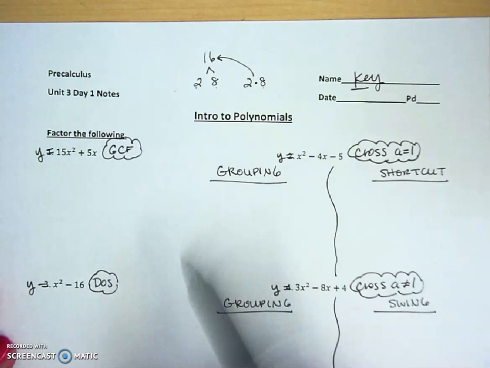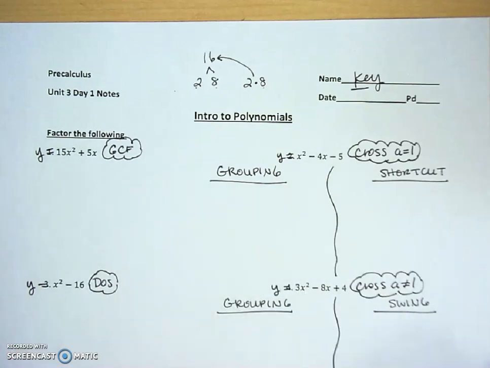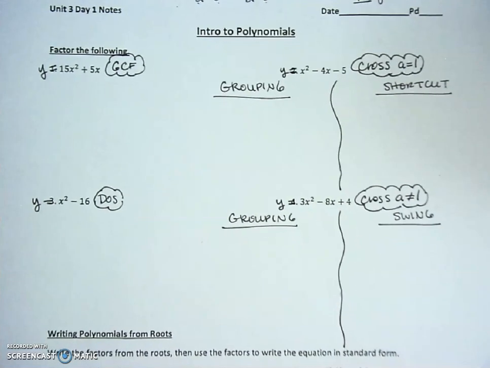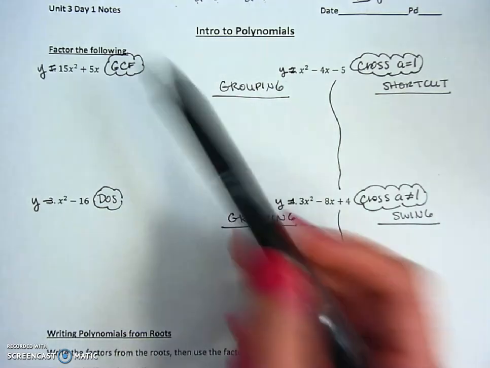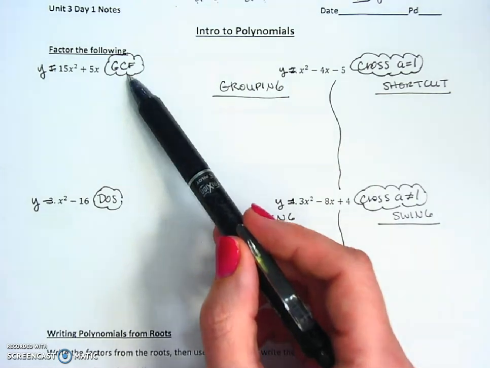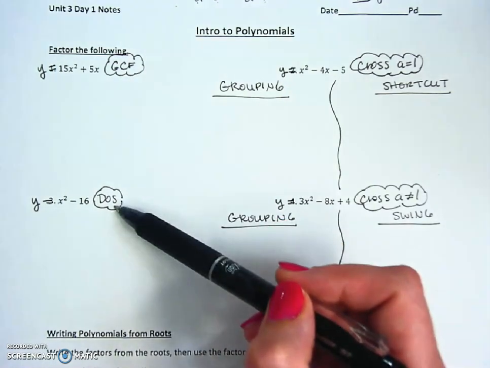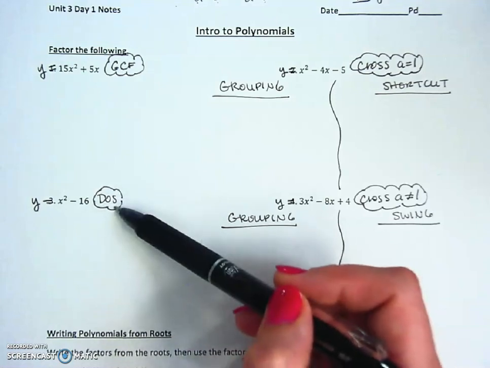And that's what this top section is a review of, factoring algebraic expressions. And these four examples are good indicators of a few different methods. This first one is for greatest common factor. The second one is for difference of two perfect squares. So DOS is difference of squares.